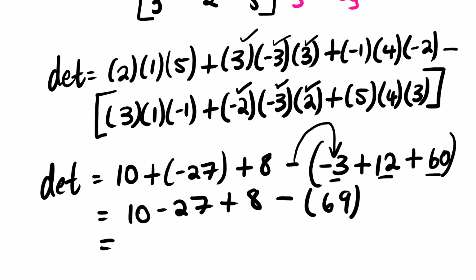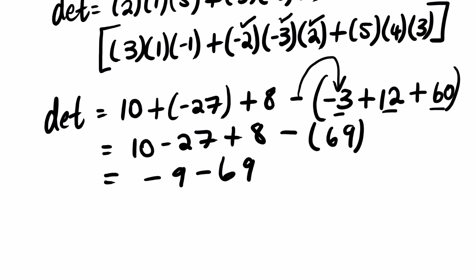Okay, so 10 minus 27 plus 8, we have negative 9. Then removing the bracket, we have negative 69. Then our determinant will be negative 78.